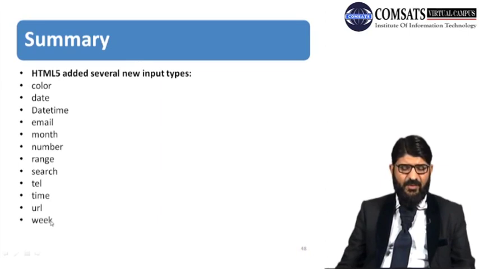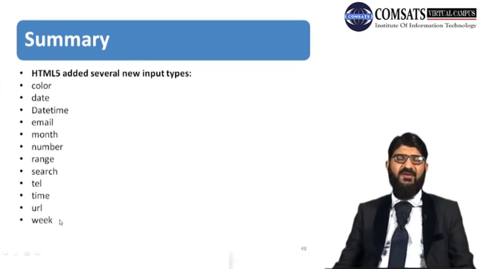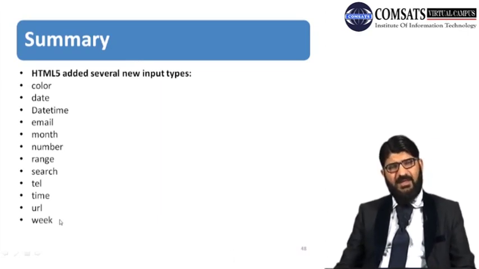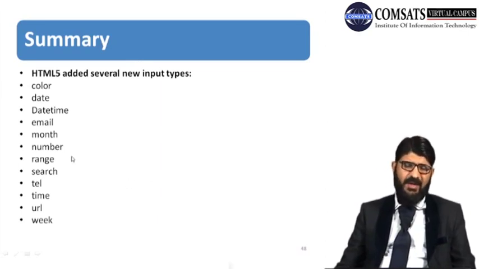If you want a user to select a specific week of a month, you can provide the week option, where weeks are listed by week number, and the user can select a particular week through the week number, and that will be given to the form value.